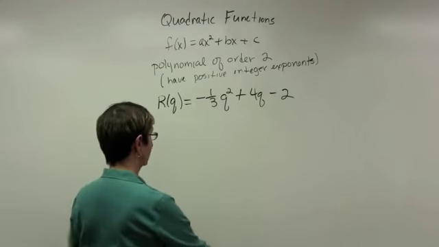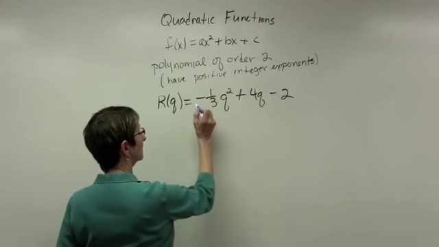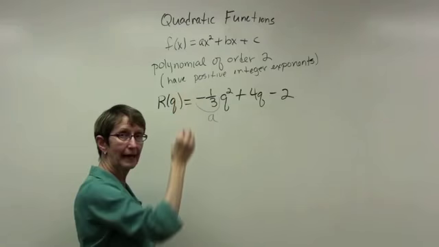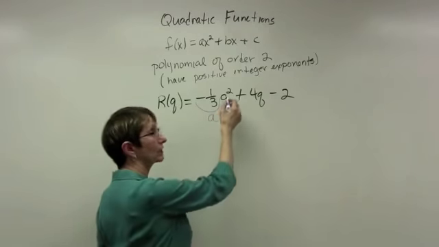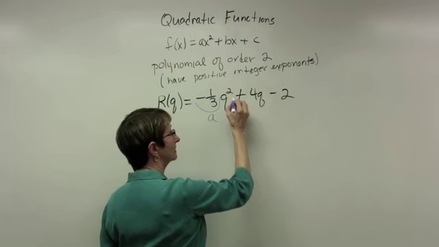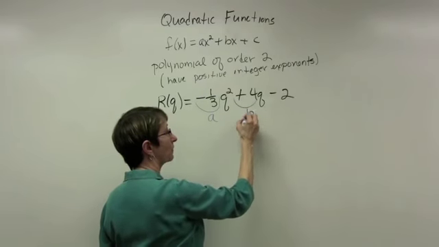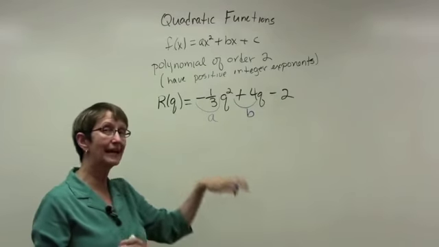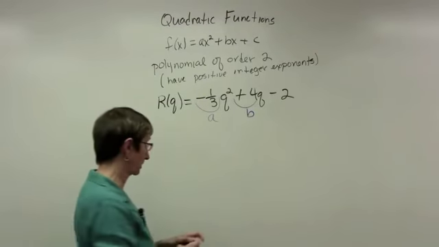Negative 1/3 is our a value multiplied times q squared. B is plus 4. And the c doesn't have any bearing on the x coordinate, or the q coordinate.